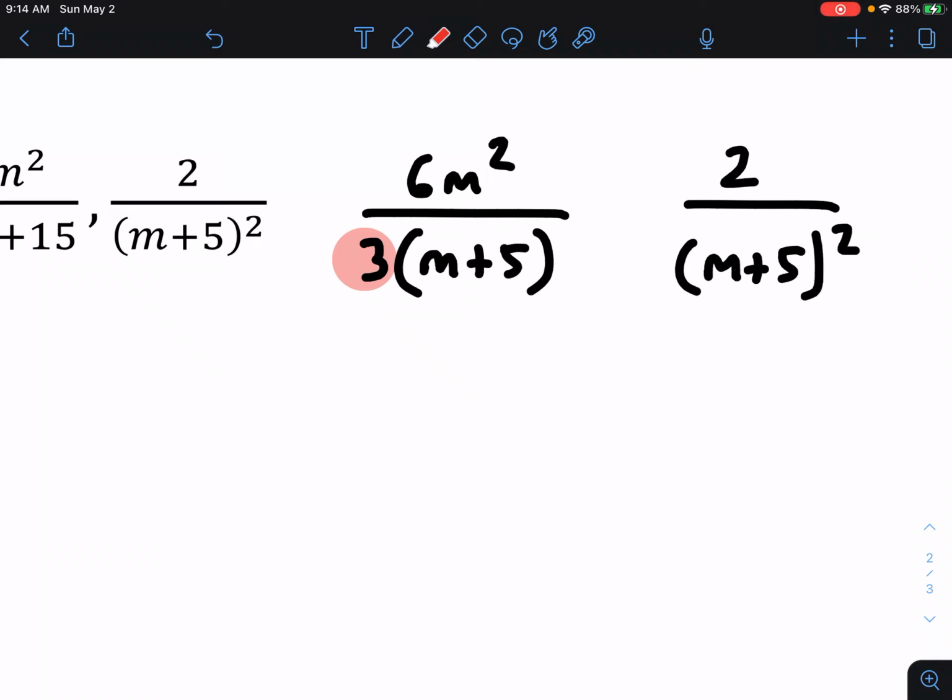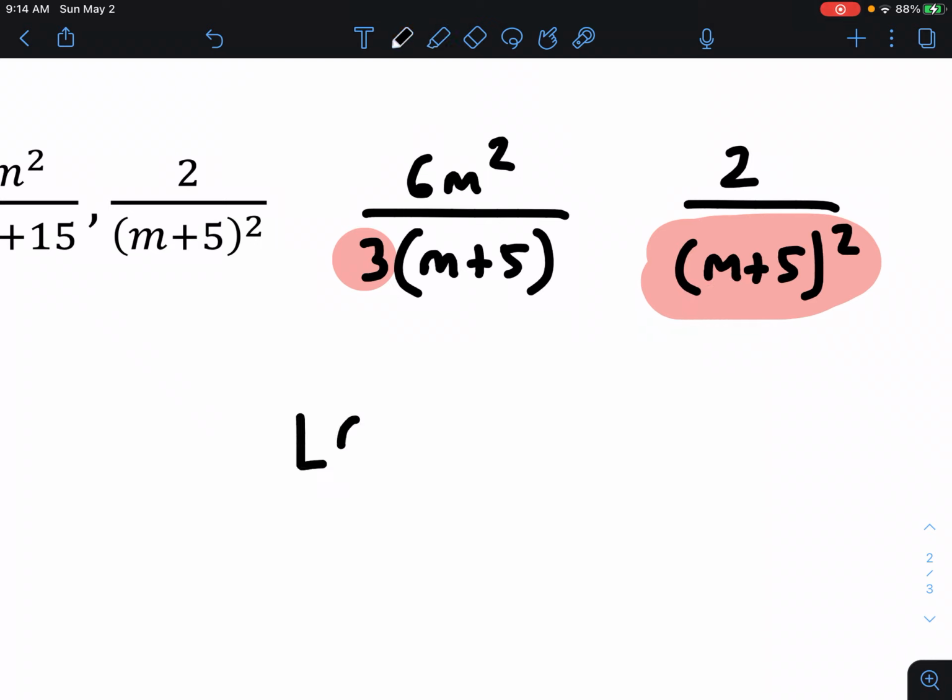And in this case, the highest exponent is that one. And so our LCD is 3 times m plus 5 squared. Okay. All right, let's keep going. See what else we got.